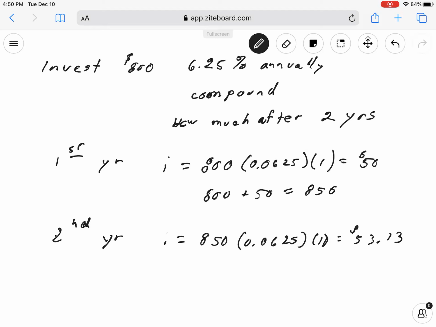We'll round up. So I get to have my 850 plus 53.13, and that is a total then after 2 years of $903.13. Okay. So hopefully that's clear enough. We can go over it some more in class if you need to, and I'll talk to you then.